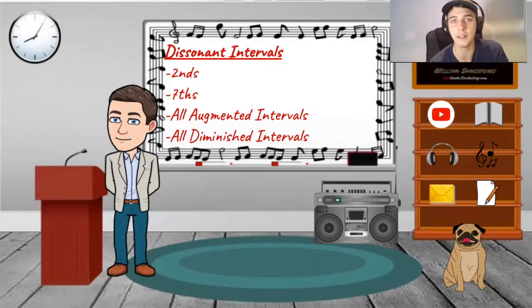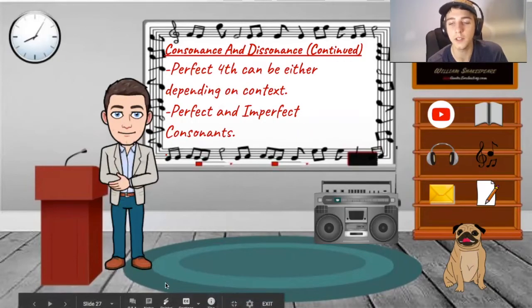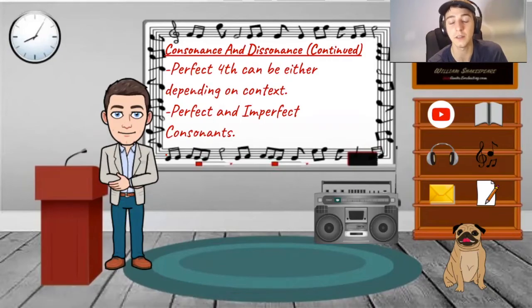They just have an unstable sound that tends to want to go somewhere. It wants to resolve back to a consonant interval. The only weirdo of the bunch is the perfect fourth, because it can be either consonant or dissonant depending on context.